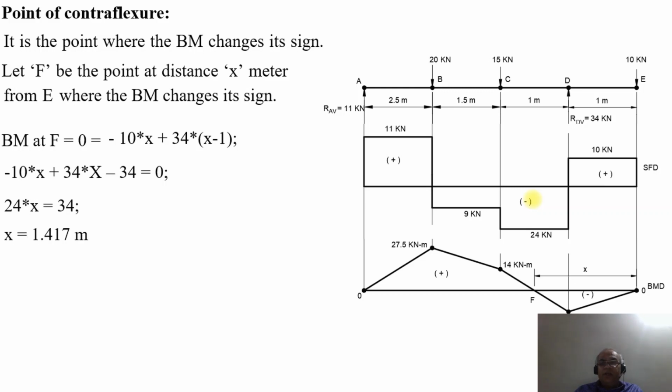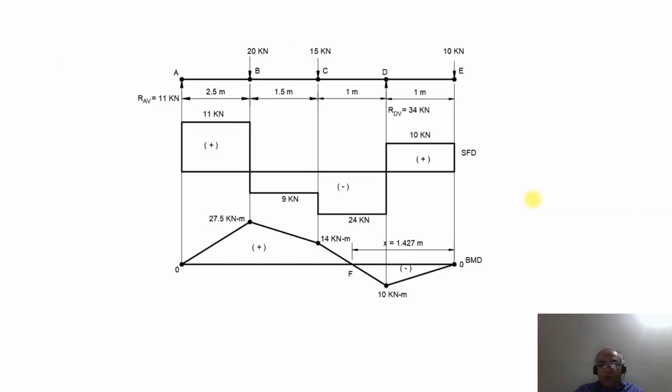On simplification, x will be equal to 1.417 meters from E. So the point of contraflexion is 1.417 meters from E, which is F.